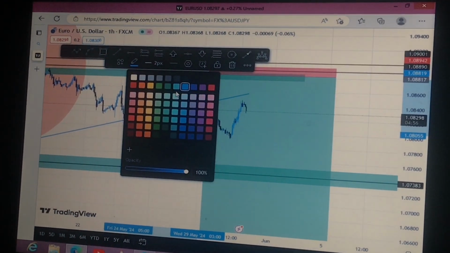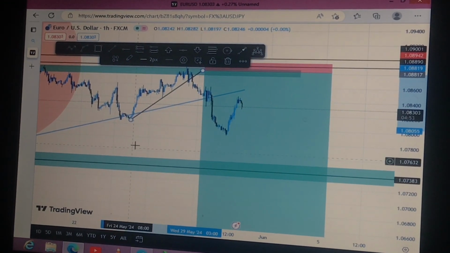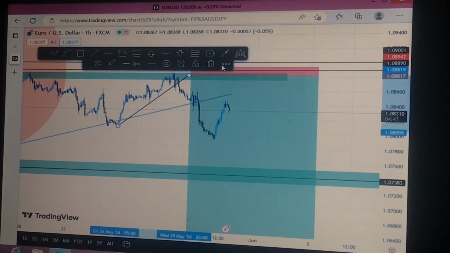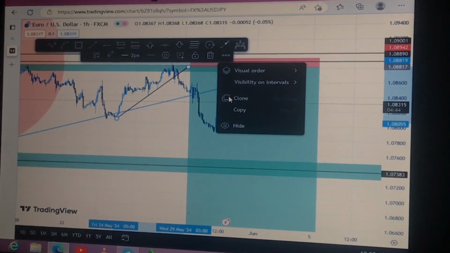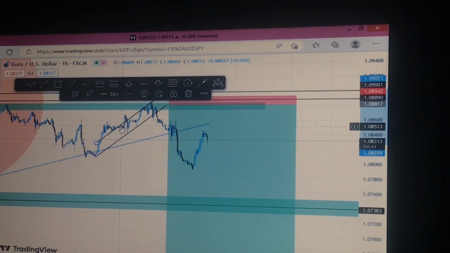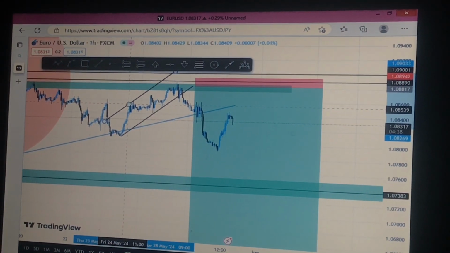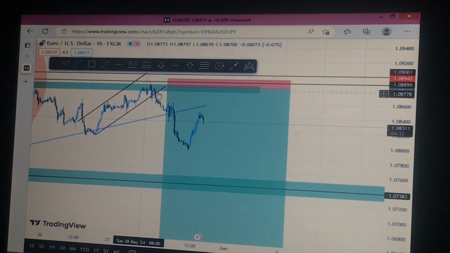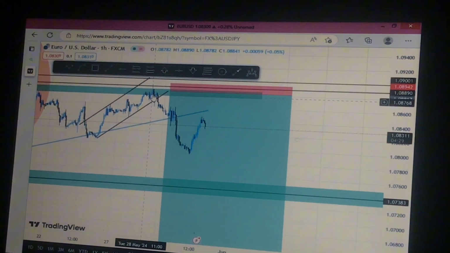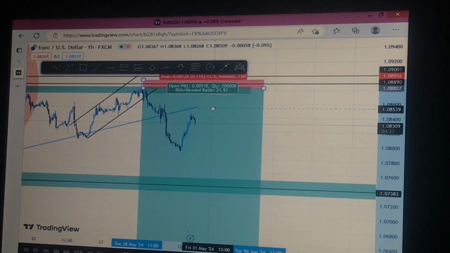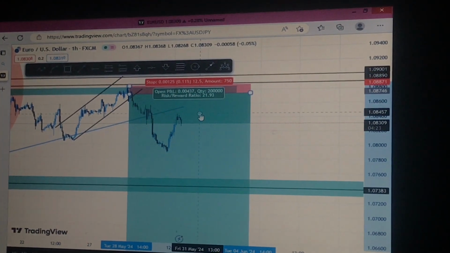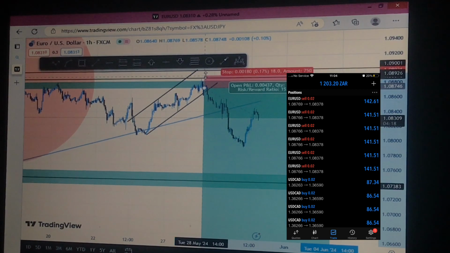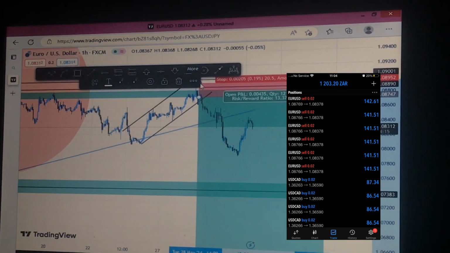Let me change the color so that you can see. This is a minor pattern, right? As you can see, as soon as the market touched here, I entered my trades, and this is how I actually killed EURUSD.